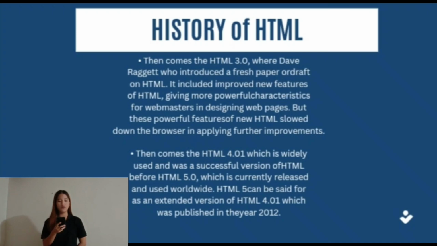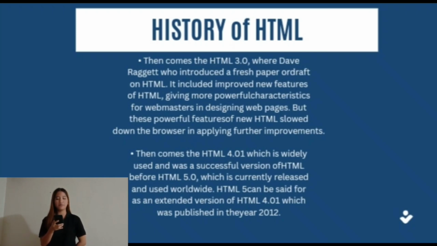But this powerful feature of new HTML slowed down the browsers in applying further improvements. Then came HTML 4.01, which is widely used and was a successful version of HTML before HTML 5.0, which is currently released and used worldwide.